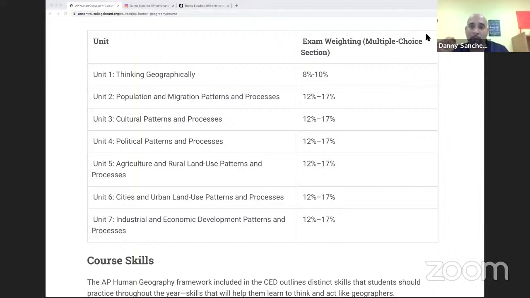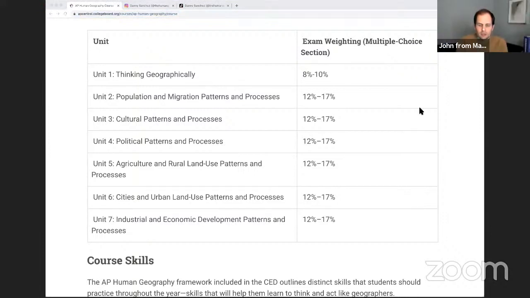The wiggle room might be, you might have 8 on agriculture and 6 on development. But there's not going to be a huge deviation. You're not going to see a situation where there were no questions on urbanization. They are mandated to have at least 7 to 8 questions, and on the high end, like 10 to 11 questions from each unit.